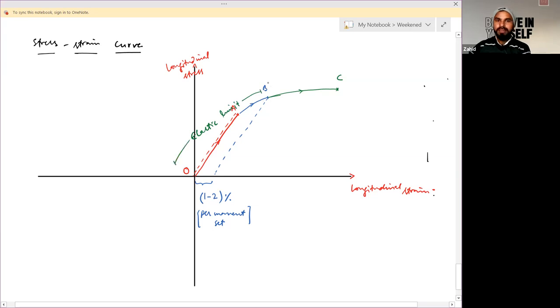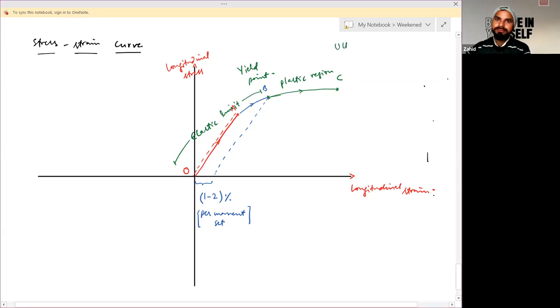And this B, up to which it has a tendency to regain its original shape, is termed as the yield point. In this region from B to C, it has lost the ability to regain its original shape, that is termed as the plastic region or plastic limit. At this point C, the body has a tendency to withhold maximum stress.